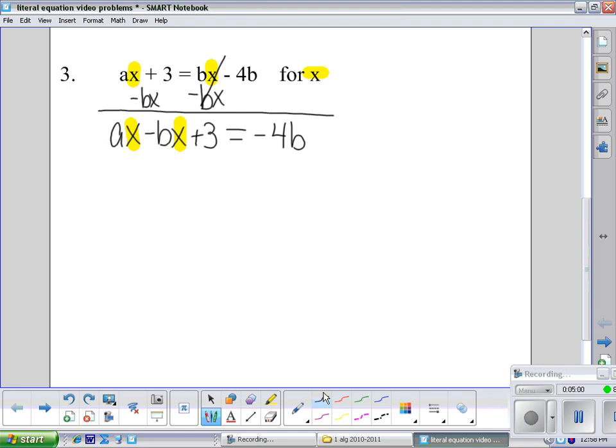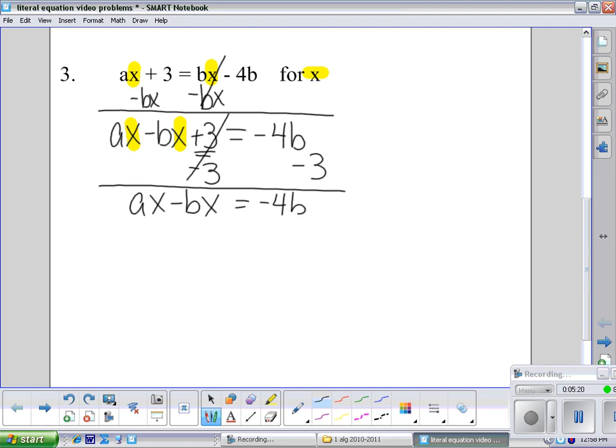But before that, we have this term right here. So we have to get rid of this on the left, it comes over to the right when we subtract, and our constant will be gone over here. So we have ax minus bx equals negative 4b minus 3.